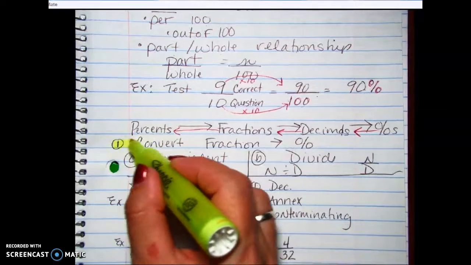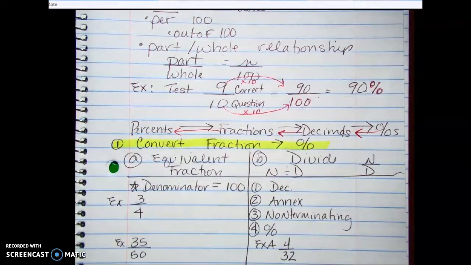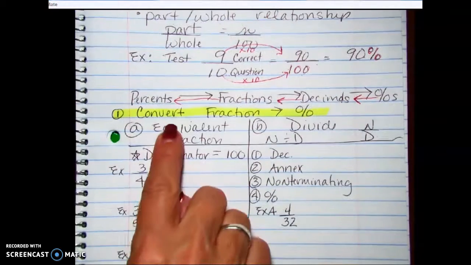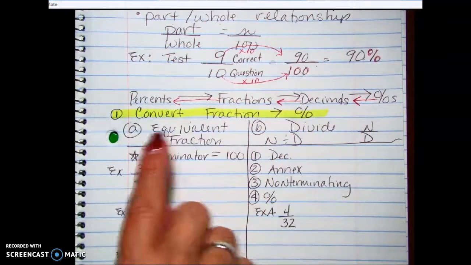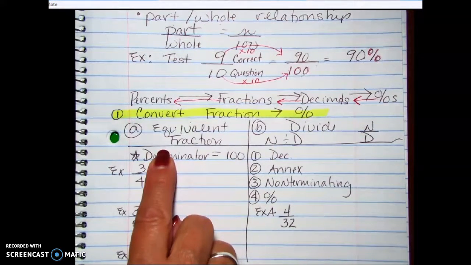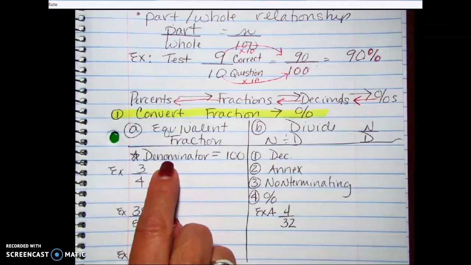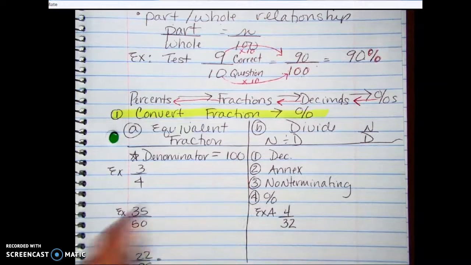So the first one we're going to pay attention to is the most difficult one. It is converting fractions to a percent. Now, actually, there's 2 ways. And the first way is super easy. If you recognize that your denominator is able to be a multiple of 100, you will have it very easy. So we do just like we did here.